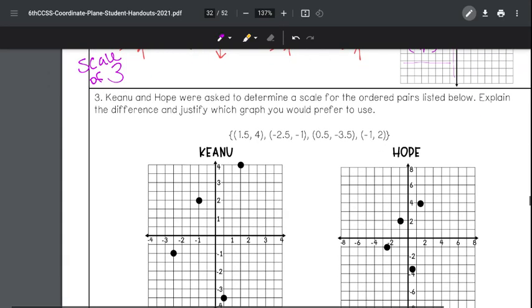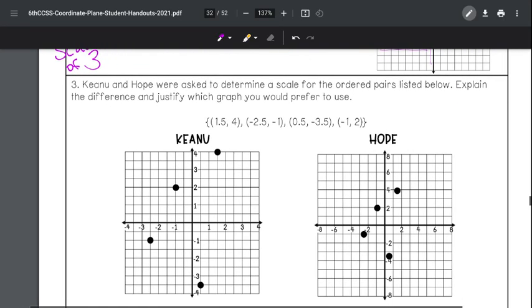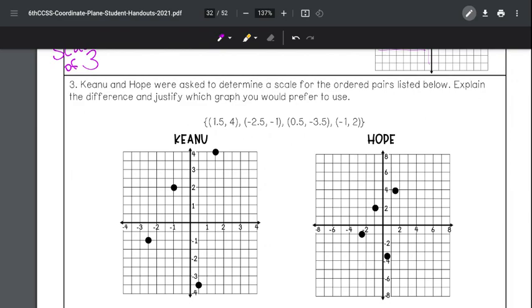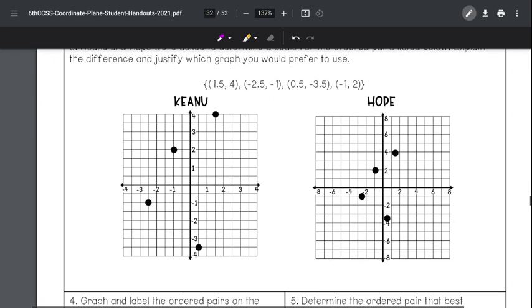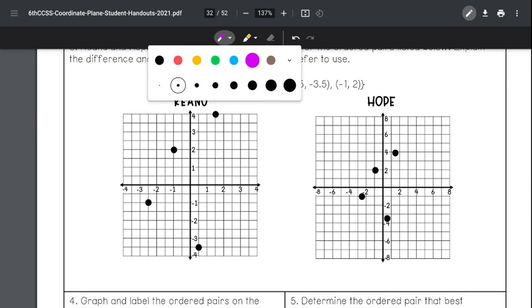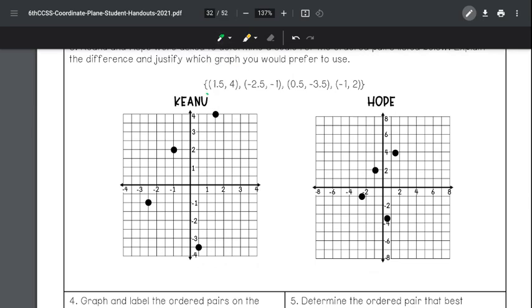Alright, number 3. Kiana and Hope were asked to determine a scale for the ordered pairs listed below. Explain the difference and justify which group you would prefer to use. Okay, so here's our 4 ordered pairs. 1.5, 4, -2.5, -1, 0.5, -3.5, and -1, 2.